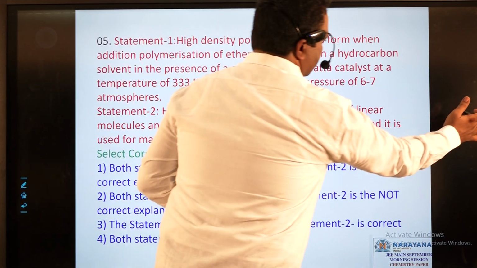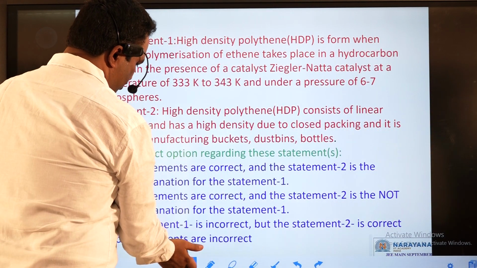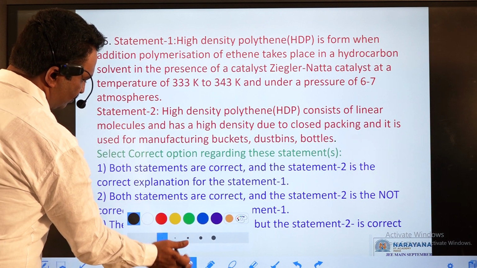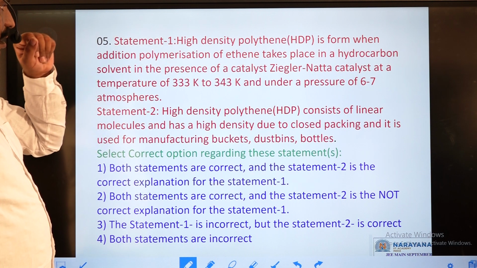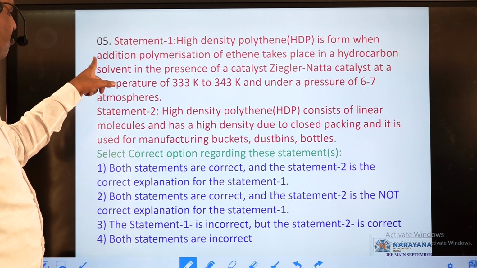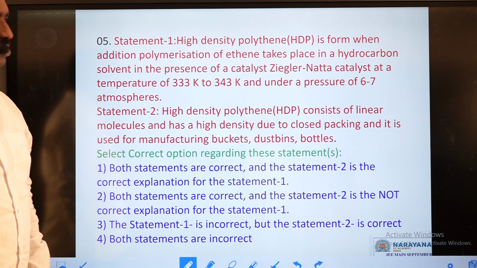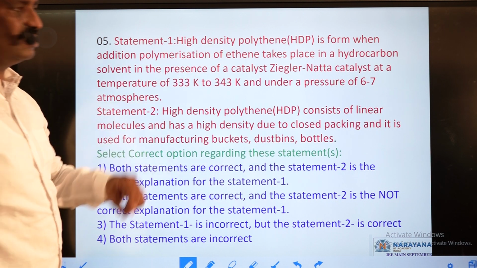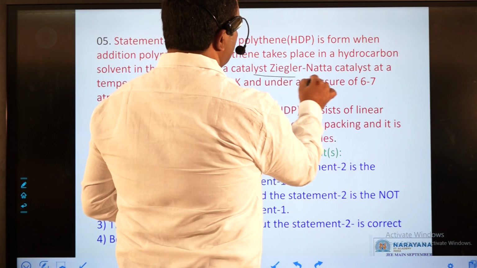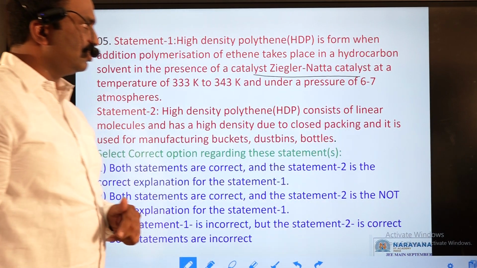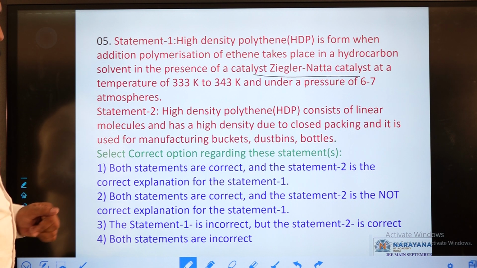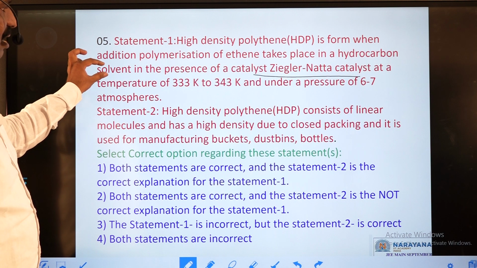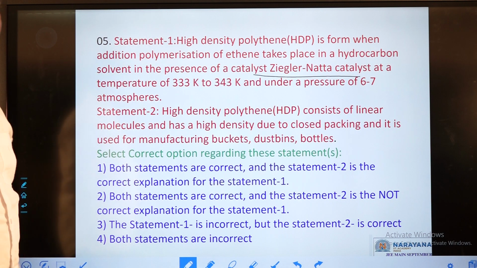This question had scrolled. So here, just see, in this case, high density polythene is formed when addition polymerization of ethene takes place in a hydrocarbon solvent in presence of a catalyst, Ziegler-Natta catalyst. So the Ziegler-Natta catalyst mainly favors the formation of high density polythene.